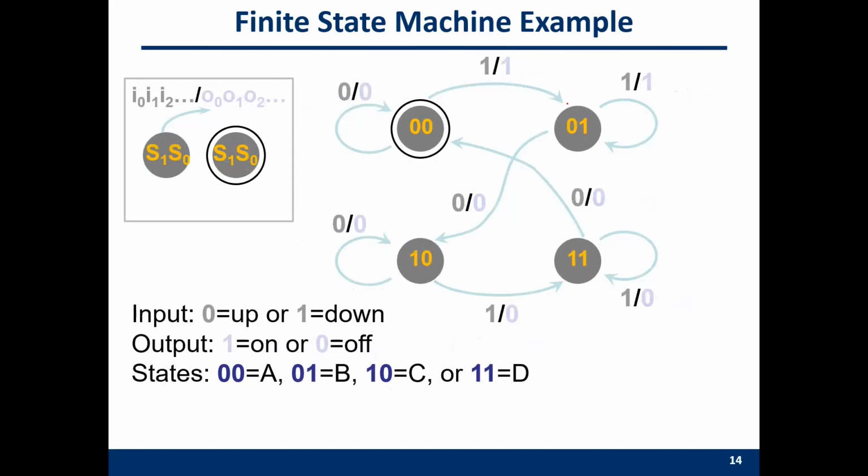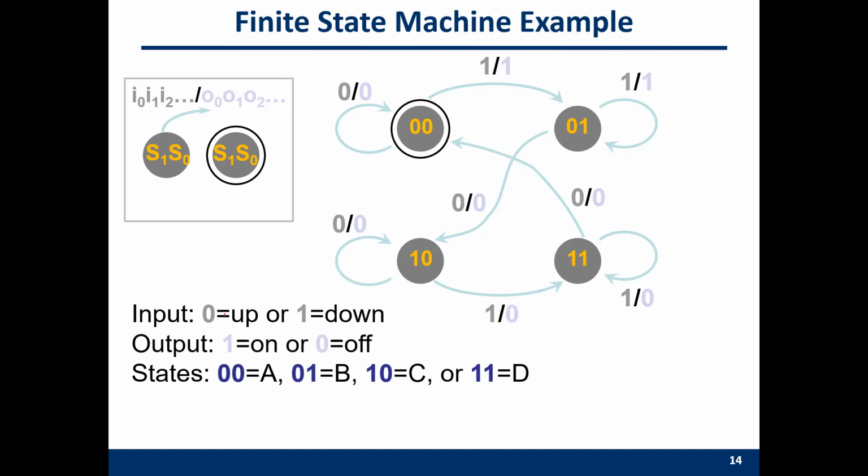We can actually encode this up and down, on and off, by some binary signals. And then we can encode ABCD by 2 bits, which are 00, 01, 11, and 10. The on and off are 1 and 0.